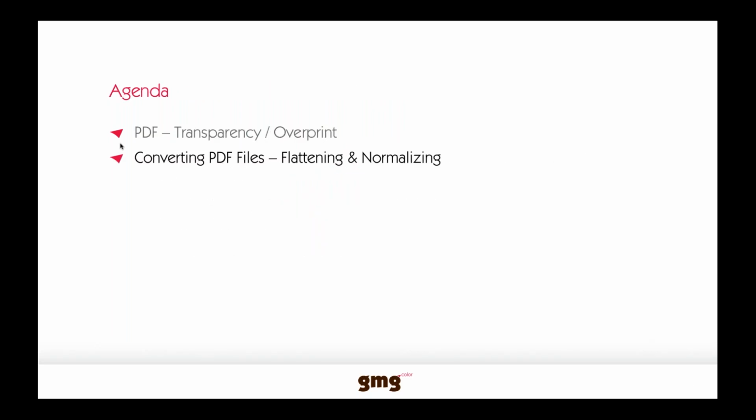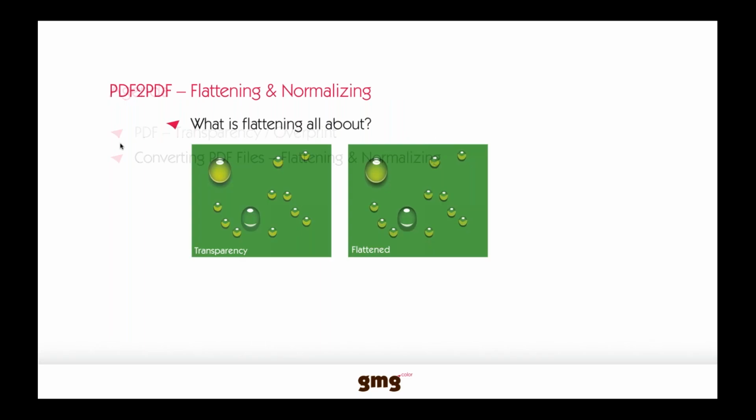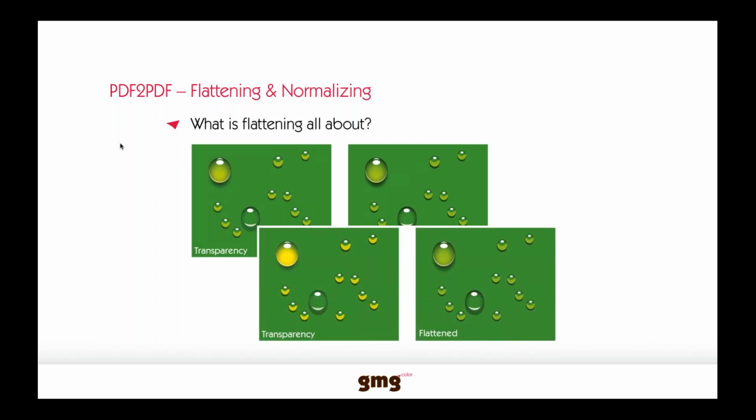In this case, let's have a look into some test files. At first, I want to show you these drops on this green background. On the left side, we have transparency. On the right side, we have the files flattened. And let's have a look at the second one. On the left side, you see that the drop is much more yellowish after the conversion, after the color management.